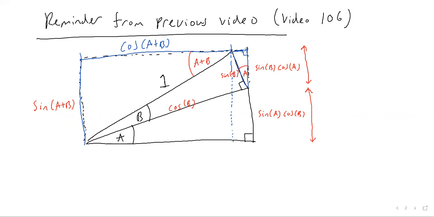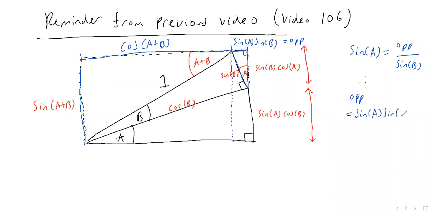Sine A is opposite over hypotenuse, so the opposite side here is going to be sine A times sine B. If you want any help with how I got these lengths and angles, please watch yesterday's video.